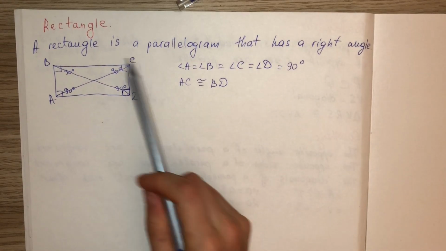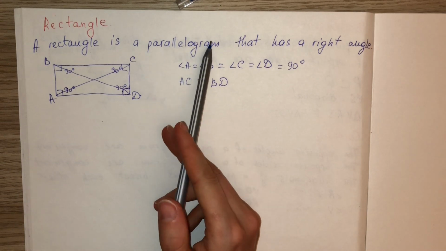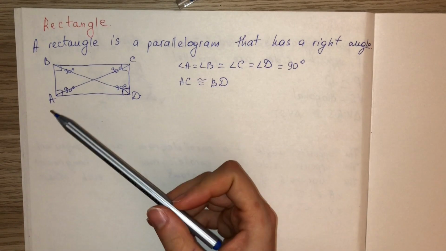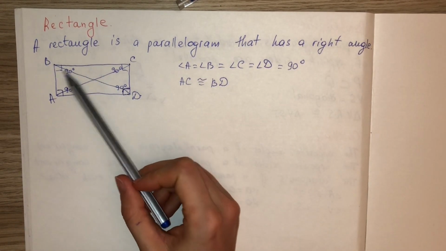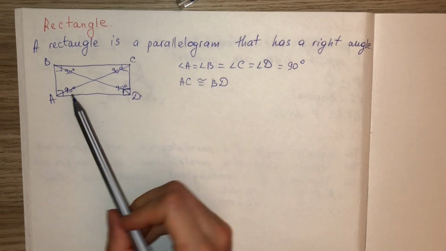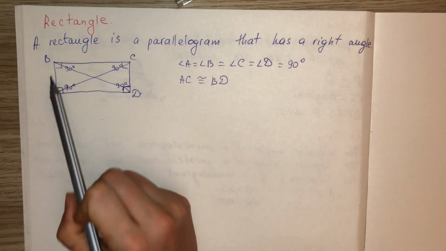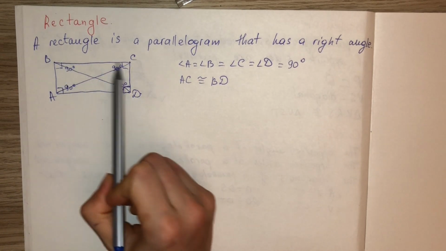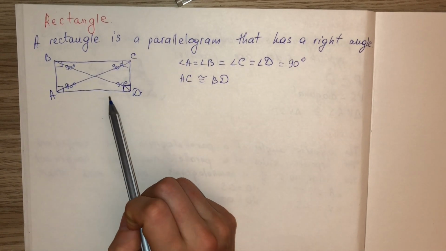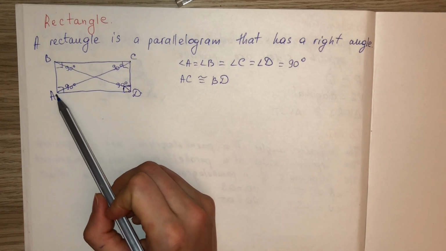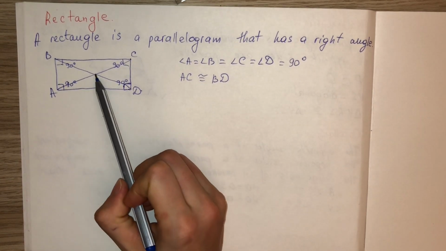Also, as a rectangle is a parallelogram, all the properties of a parallelogram are satisfied here. It means that the opposite sides are parallel and these opposite sides are equal, congruent. Also, the diagonals bisect each other.